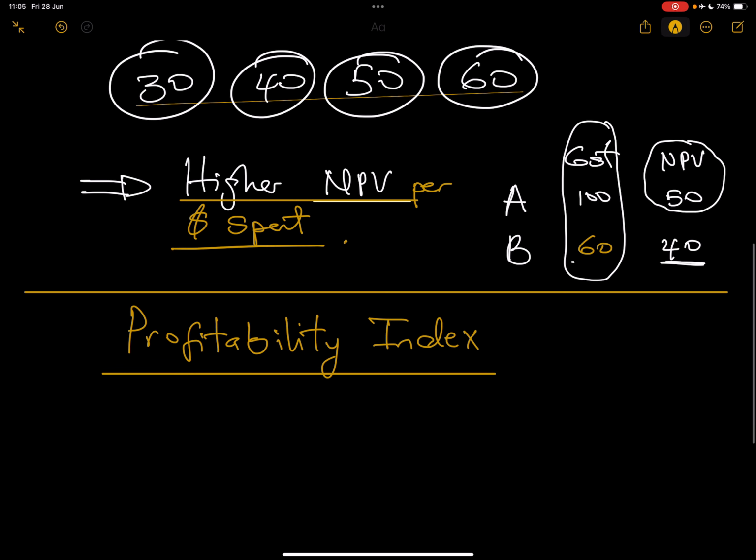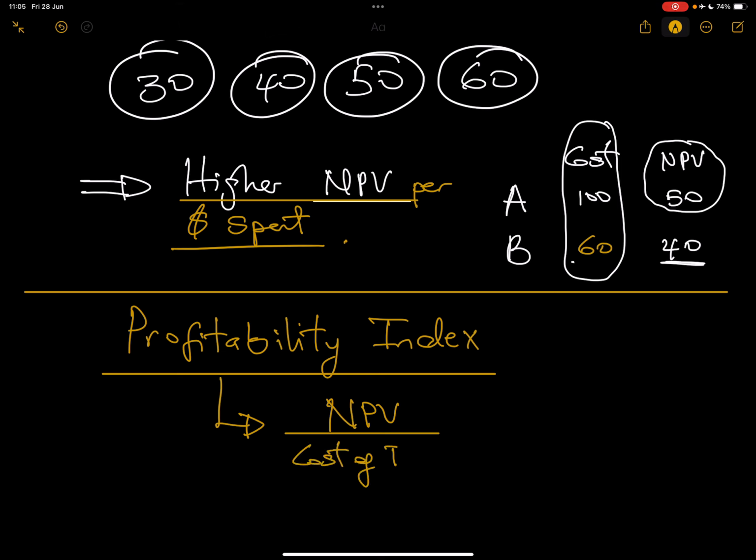If you check your formula, the profitability index formula is simply NPV divided by the cost of investment. So you can see, you don't have to memorize the formula. It just makes sense to know that the best investment is the investment that gives you the higher NPV per dollar you spend on that investment.